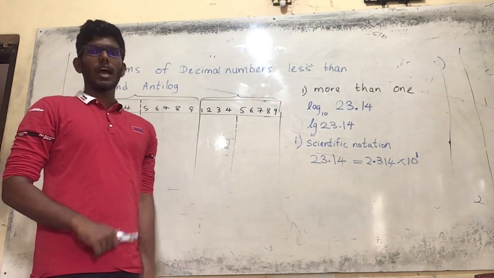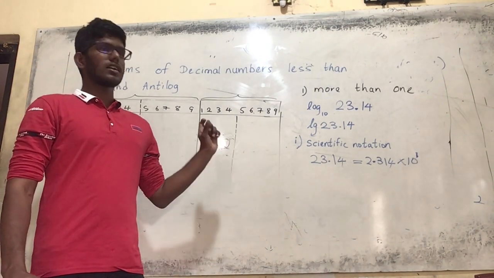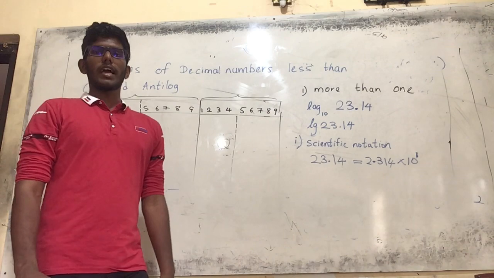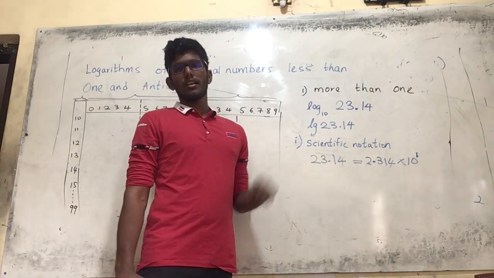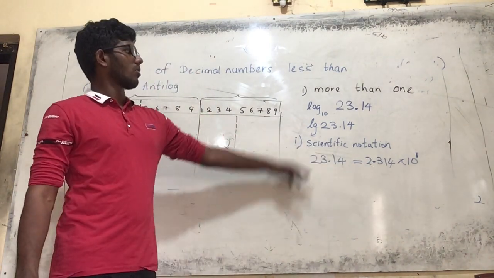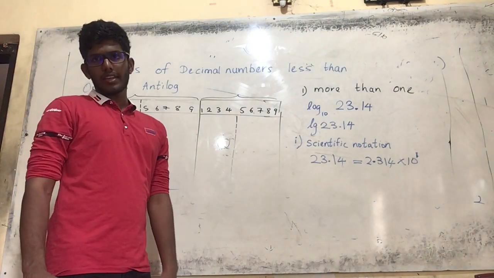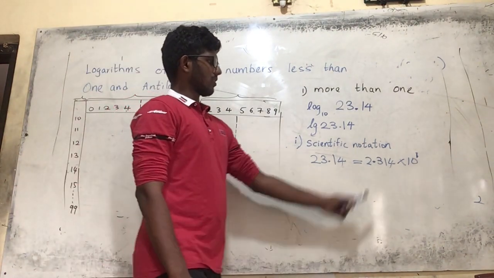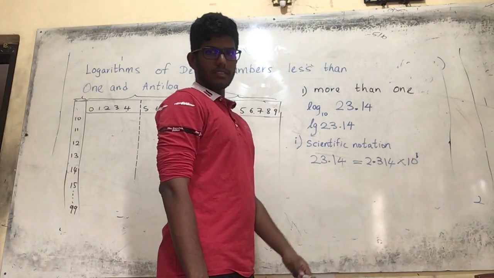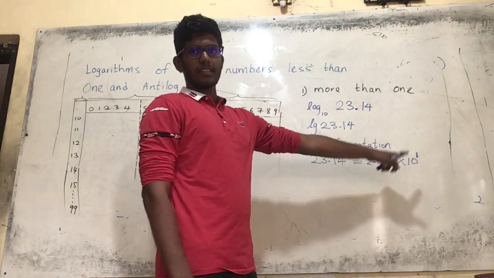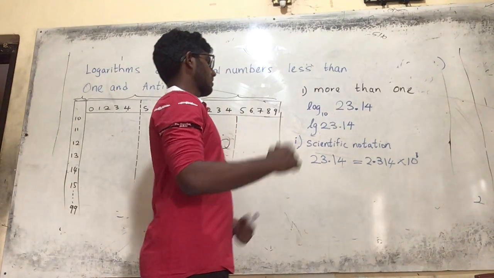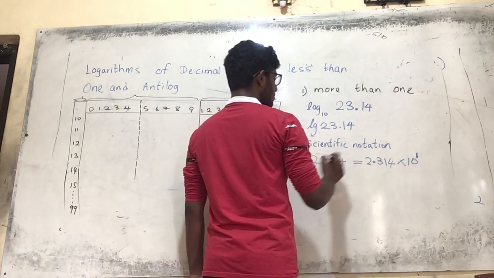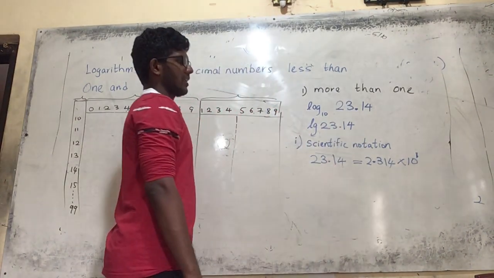Google how to convert numbers to scientific notation and learn that from the internet. I am not teaching that in this video. Once you convert it to scientific notation, it is very easy.